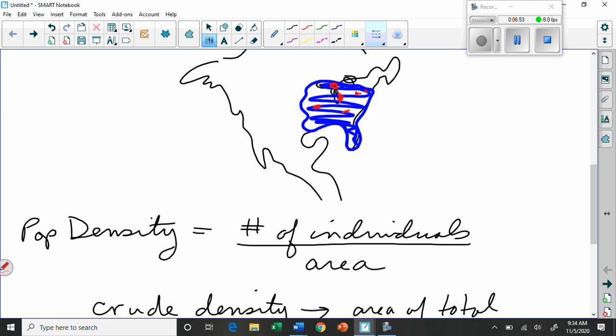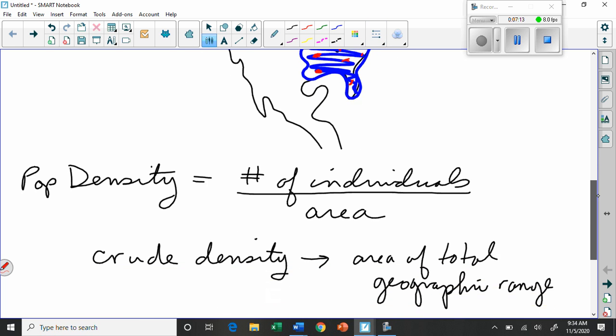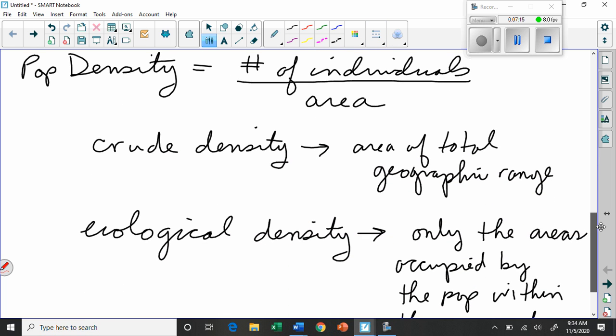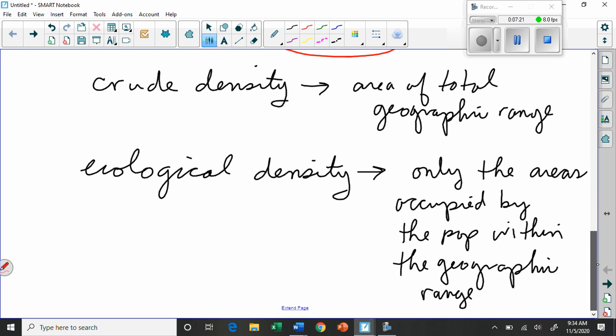And so we would have to consider those pockets only in order to figure out the density of the yellow warbler from a more precise ecological sense. So that's the difference between those two. It's a pretty straightforward thing. They're both the number of individuals, but they vary as to what kind of area we're using to compare them to. So there.